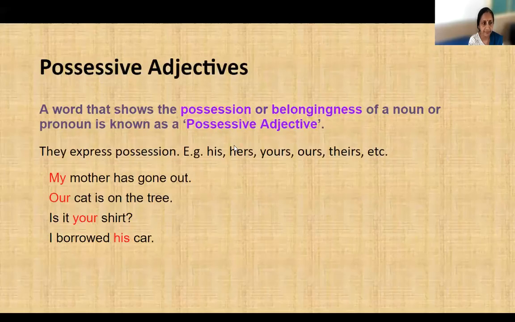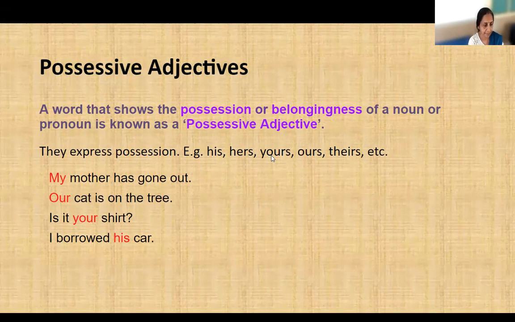Then we have possessive adjectives. A word that shows the possession or belongingness of a noun or pronoun is known as a possessive adjective. They express possession. Examples: his, hers, yours, ours, theirs, etc. are called possessive adjectives.